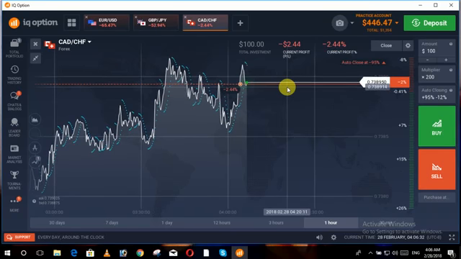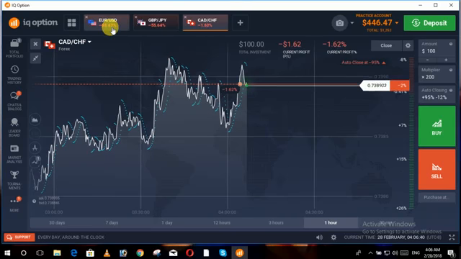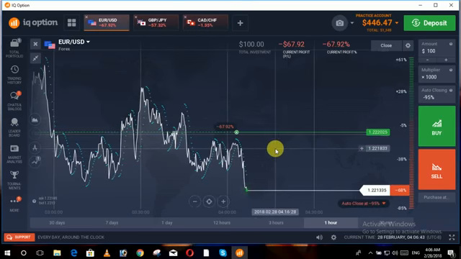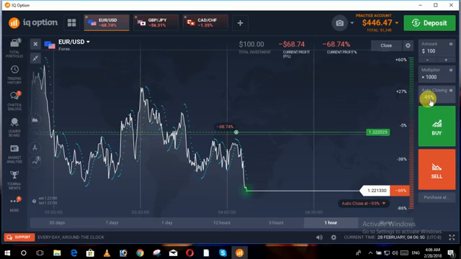So don't be so greedy to make more profit. Maybe you can lose your whole asset, because it will auto close. You can see that the trade is going against our prediction, against our asset, and it will reach 95% very soon.